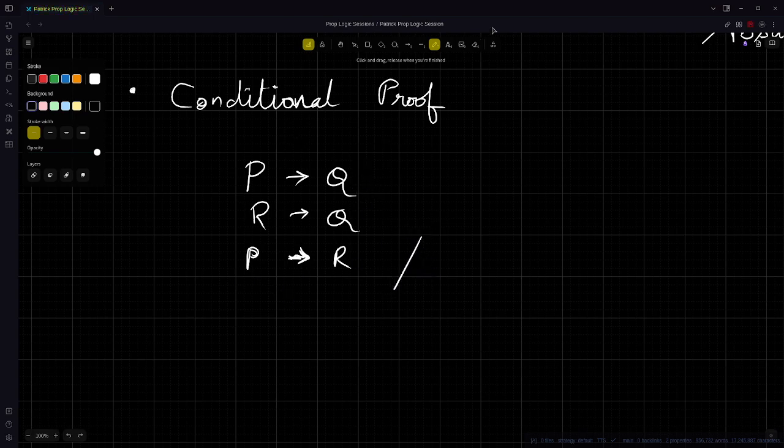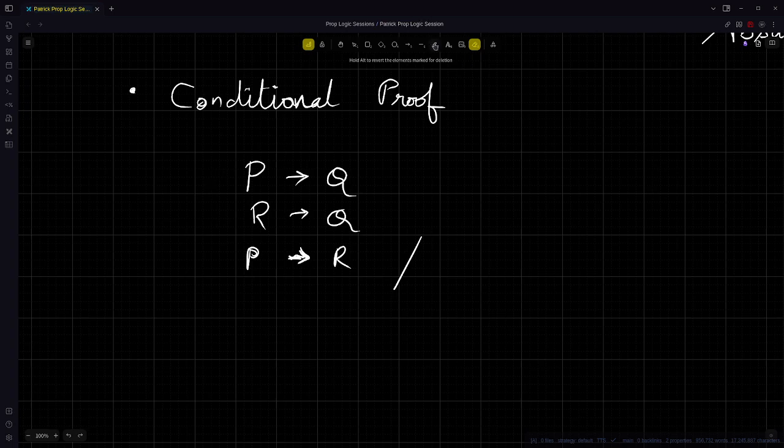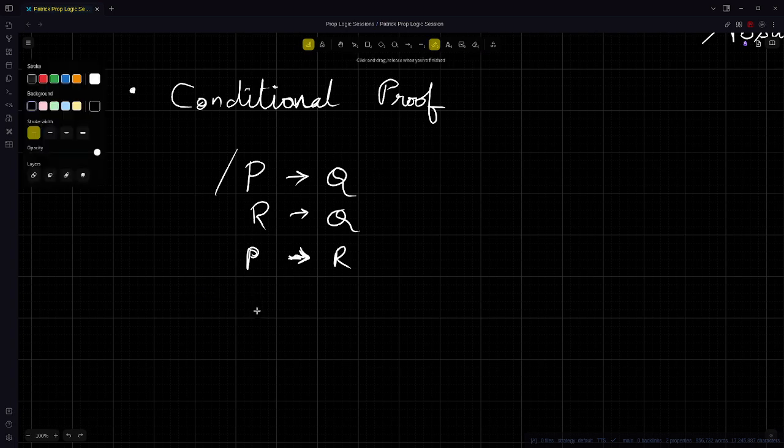This is my conclusion. What I can do is assume P, and I'll see if it follows. From P to R, it's a modus ponens, and from R to Q is another modus ponens. So you started with P and you've arrived at Q, which means P implies Q is true.